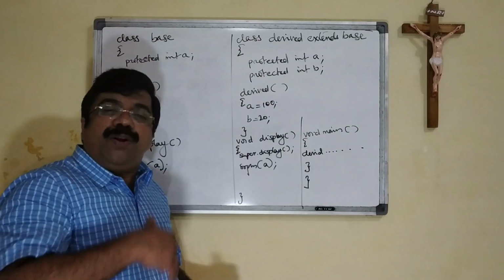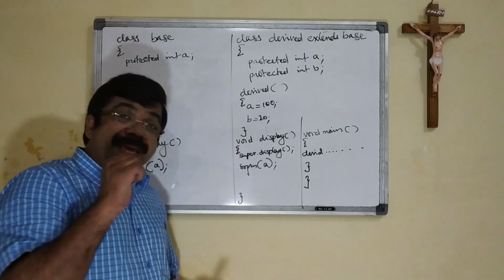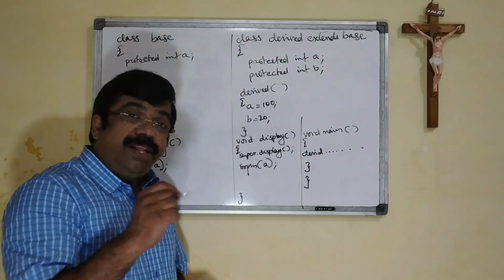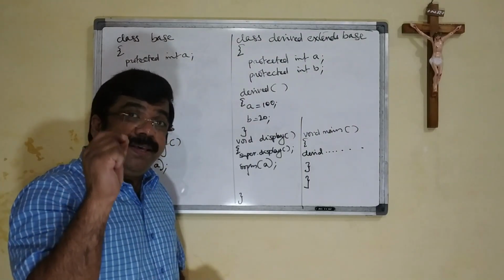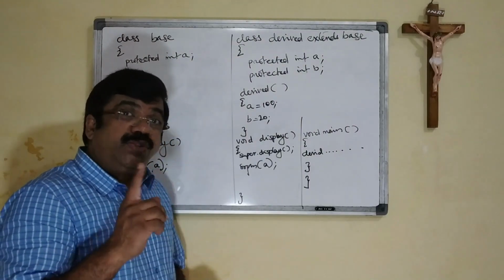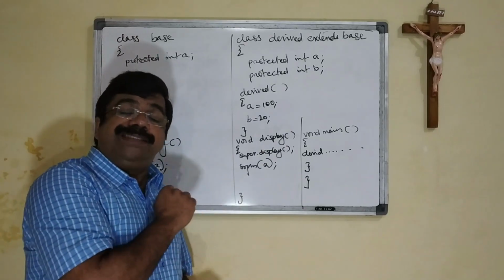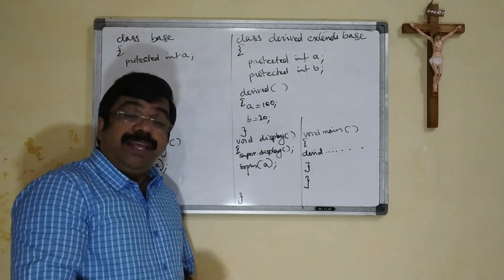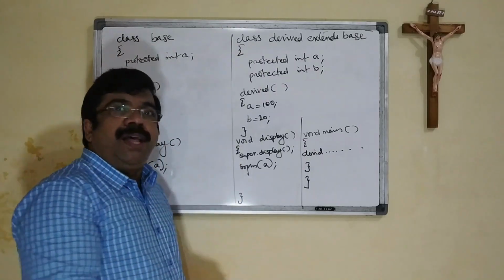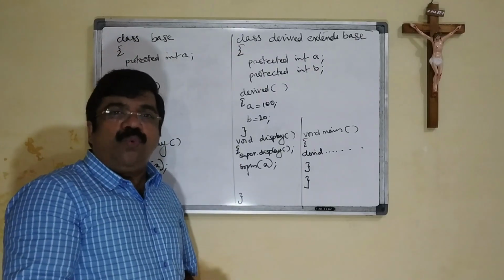Now we are with another problem. The base class and the derived class have a variable with the same name. A variable which is declared in the base class is again declared with the same name in the derived class. What happens then?